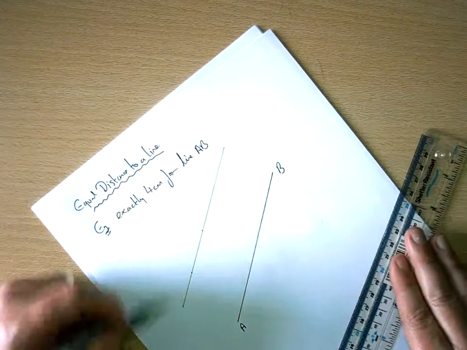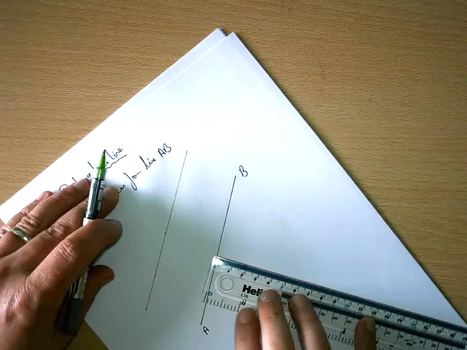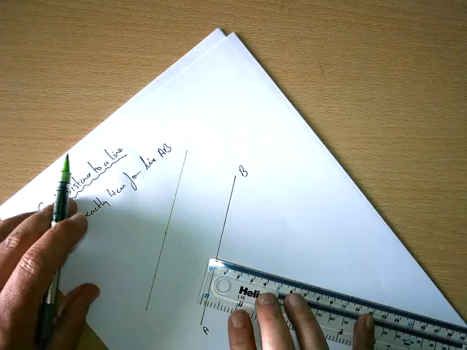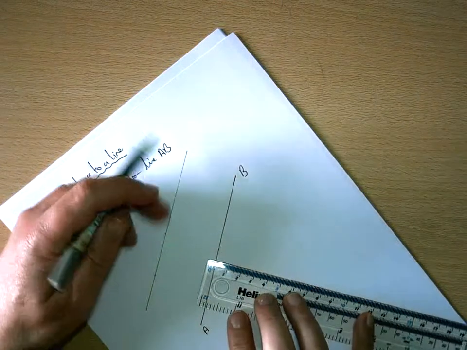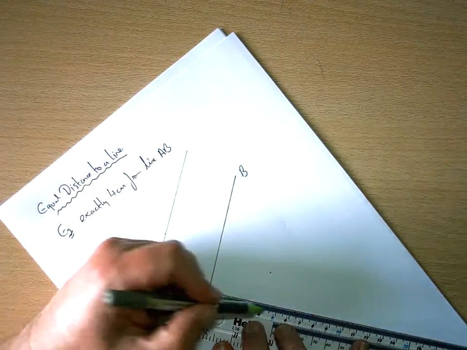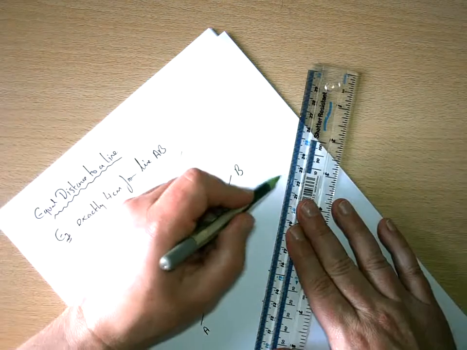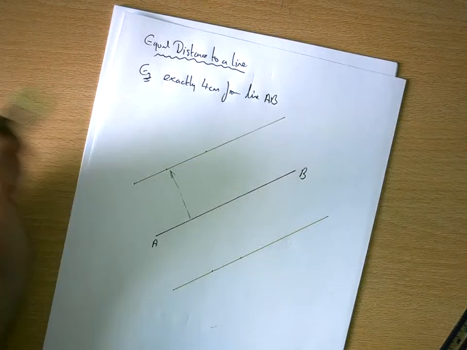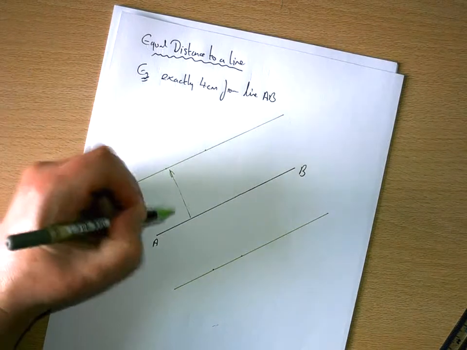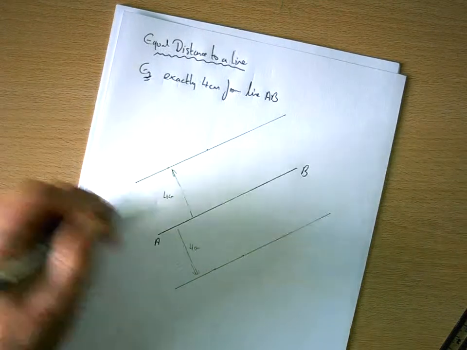So that is always going to be 4 centimeters from that line, and if it's a line that hasn't got any end to it, then that means that it could be 4 centimeters this way as well. The key thing is that the lines are parallel. So anywhere on that line is 4 centimeters, and anywhere on this line is 4 centimeters.